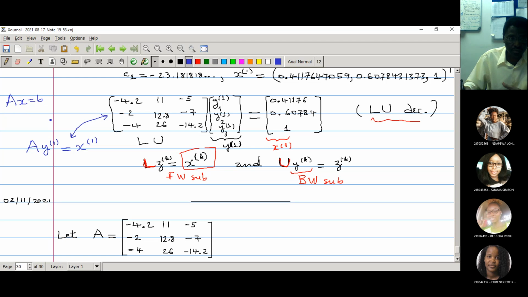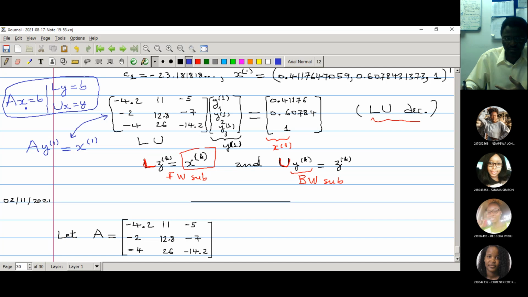Now, if you have AX equal to B, and you write the LU decomposition, remember it will be Ly equal to B, where this Y is a new variable that you introduce. And then you have Ux equal to Y. So this is what you know from the first semester.